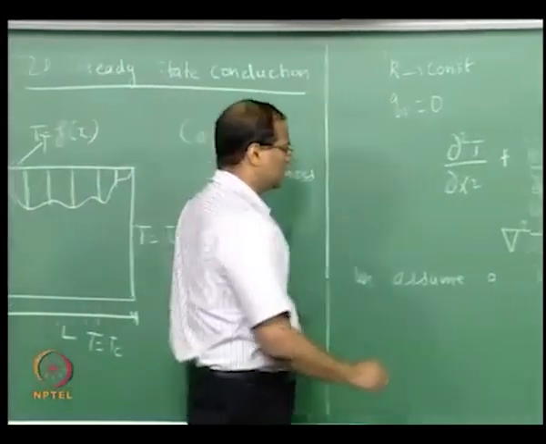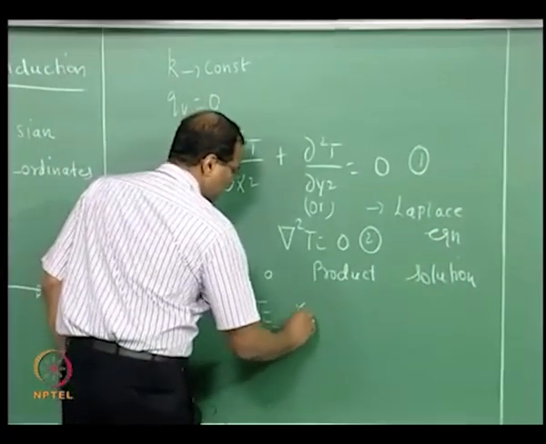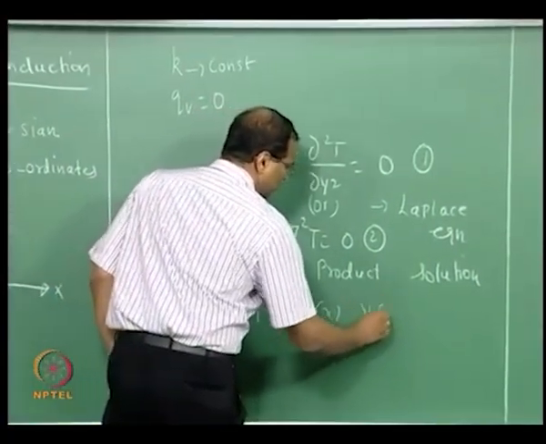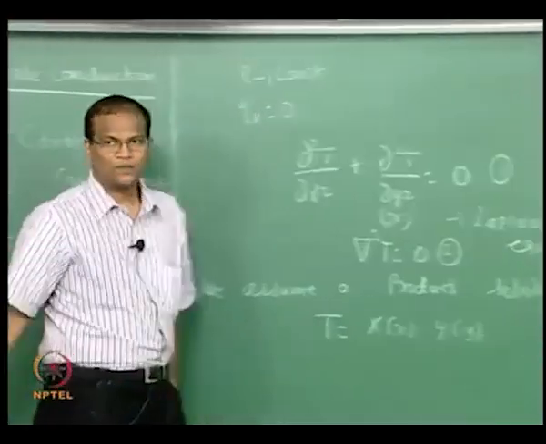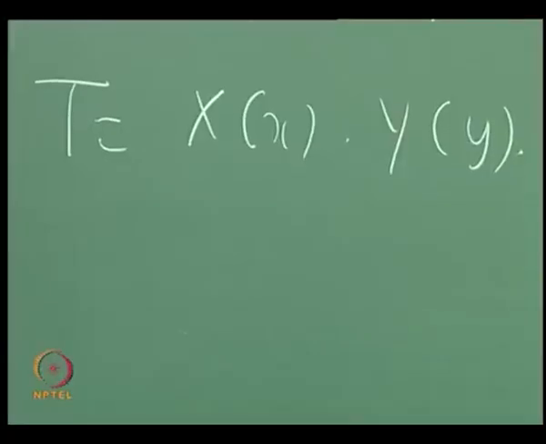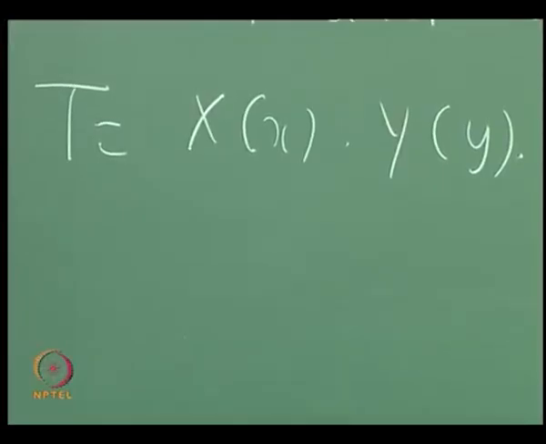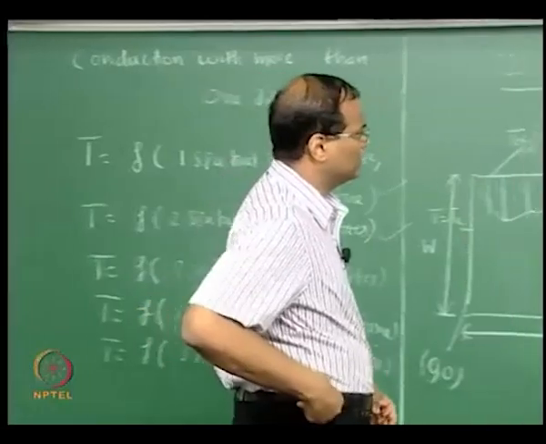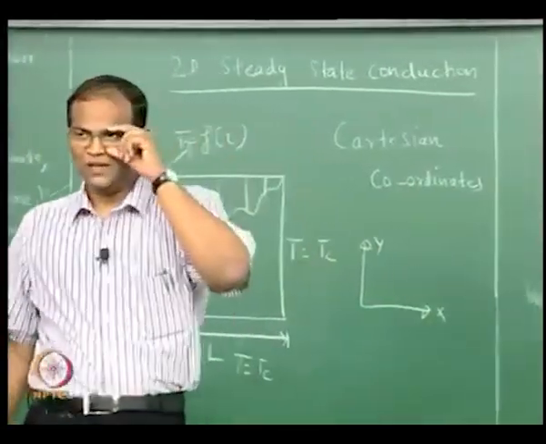That is, T is a function of x times a function of y. This is possible if you have a linear partial differential equation and all the boundary conditions are homogeneous. I will explain a little later what this homogeneous boundary condition means.